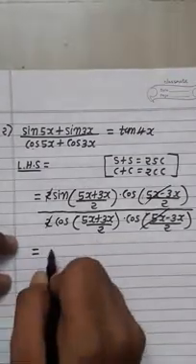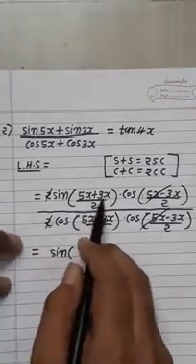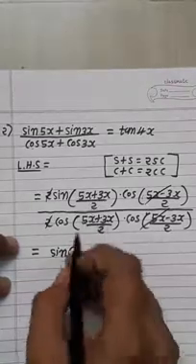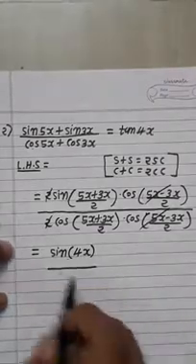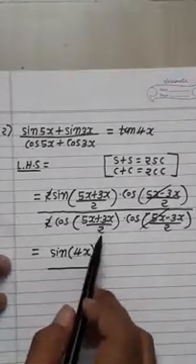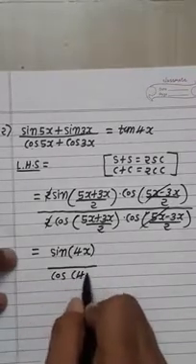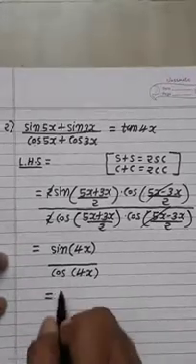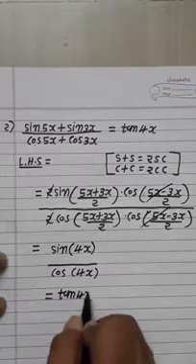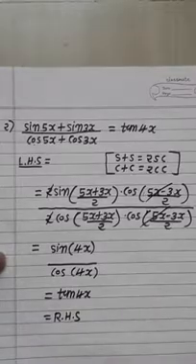So the remaining term is sin of (5x plus 3x), that means 8x divided by 2, so here we can write sin 4x upon, in the denominator term, (5x plus 3x) divided by 2, so again we can write cos 4x, and we know that sin upon cos means tan. So written here, tan 4x is equal to our RHS side. Next question.